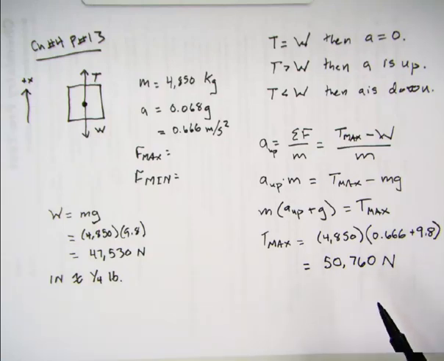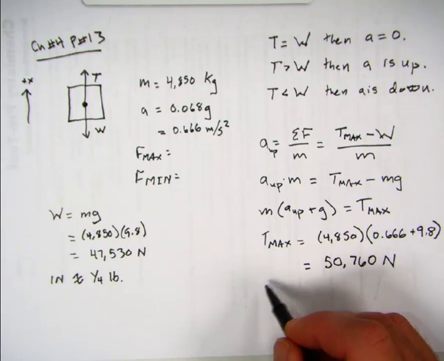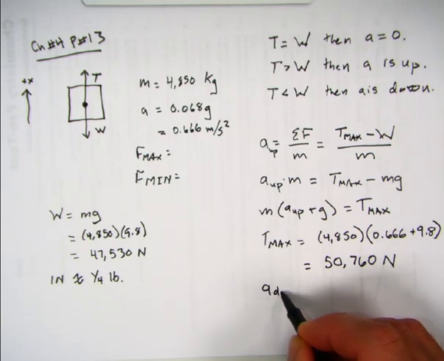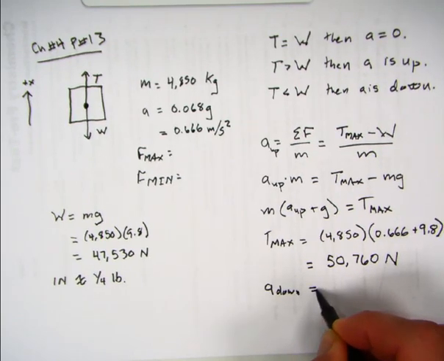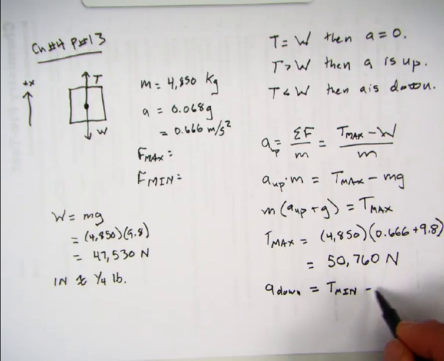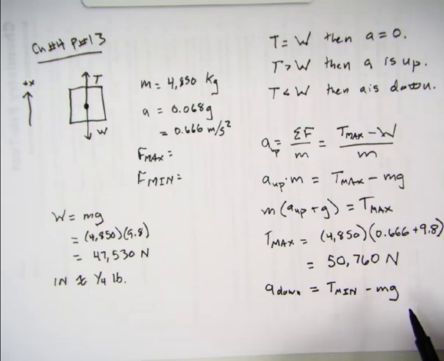All right. So let's solve for the downward acceleration. Let's say the acceleration was down. I'm going to use this same equation, but I'm going to put in a T min here minus mg, divided by m. We're expecting this acceleration is going to be negative, and this is going to be a smaller force.